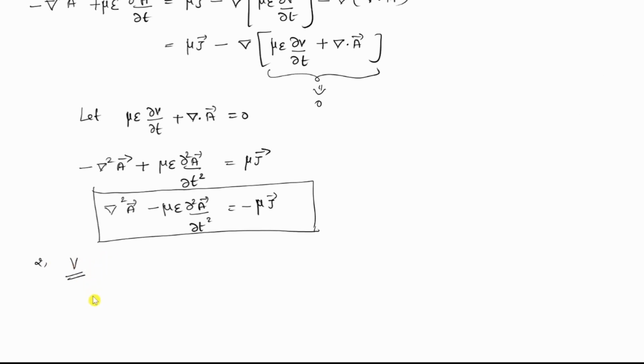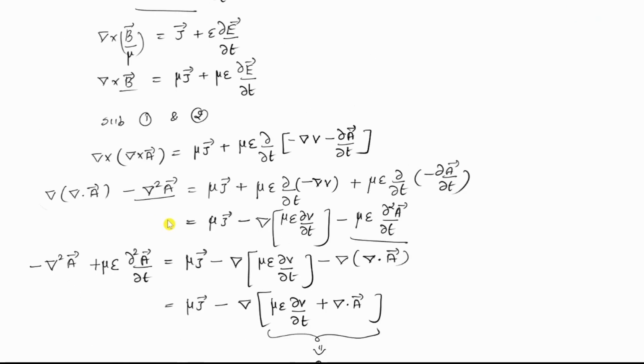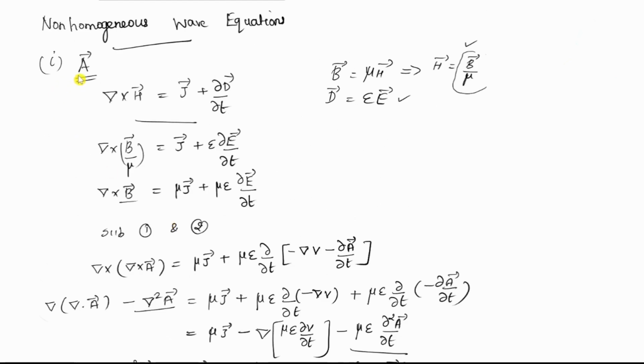We have to find the non-homogeneous wave equation for the scalar potential also. When you look back, in order to find the non-homogeneous wave equation of the vector potential, we used Maxwell's second equation.